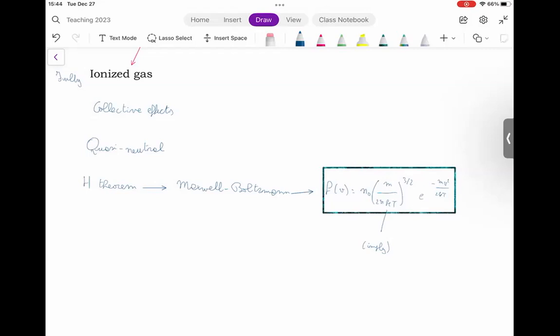I will do the same and express the temperature in energy units, but depending on the situation, you may find temperature expressed as Kelvin or some other unit. Typically, we'll use electron volts.